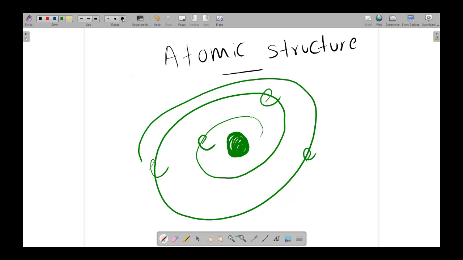Then after that, this model was opposed or updated by Niels Bohr. Now, what did he say? There's a problem. In the solar system, planets are rotating around the sun because of gravity. But here, can we consider this gravity theory? No. So there was a problem.